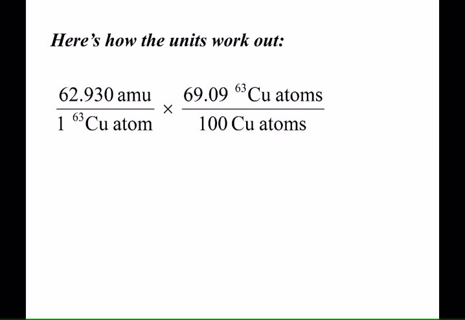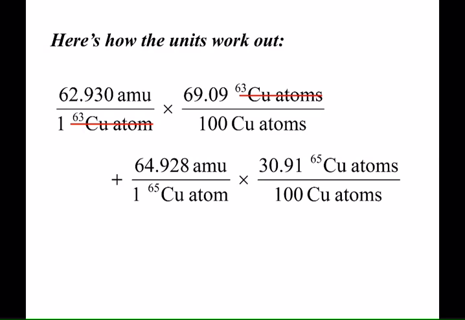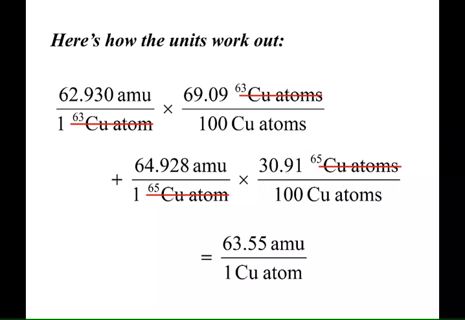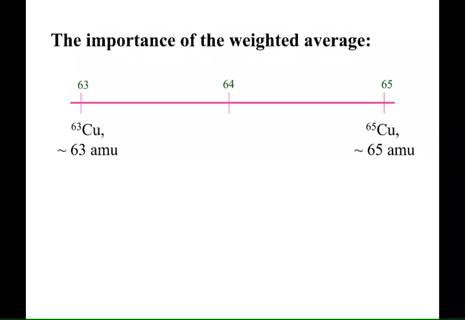And then if we go with the percent abundance of 69.09, this is what it means. And if we add that to the other isotope, similarly, we end up with 63.55 AMUs in one copper atom. So this is to look at what that looks like.